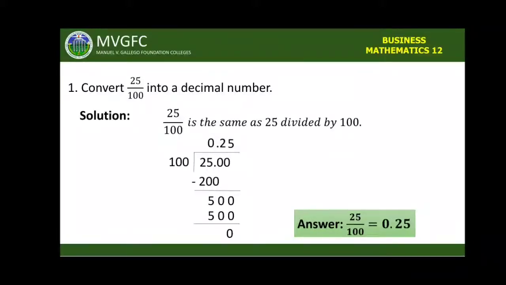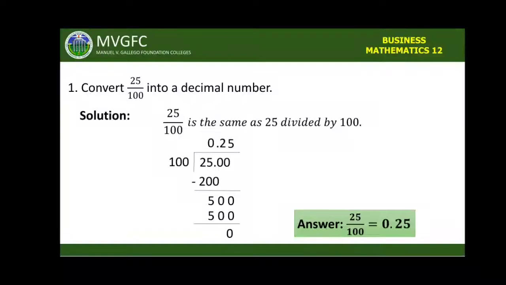Let's convert 25/100 into a decimal number. For our solution, we need to simply divide 25, which is the numerator, by the 100 or the denominator. So, 25 cannot be divided into 100. That's why we write here 0. Okay, so now let us add a decimal point and a 0 on the right side of 25.